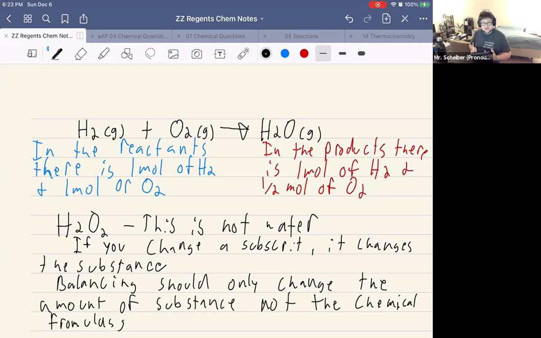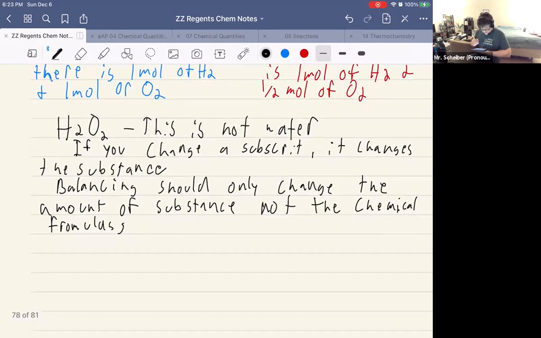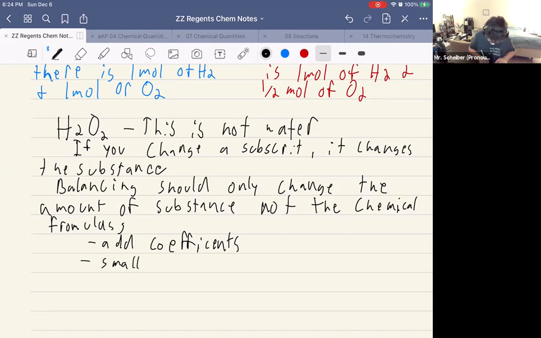So how do we do that? How do we change it? Well, instead of adding subscripts, we add coefficients. And you can add any coefficient you want, but remember, we want the smallest whole number ratio of coefficients.